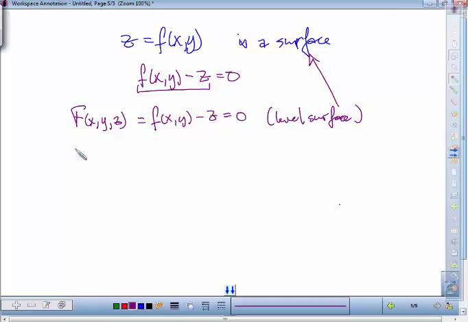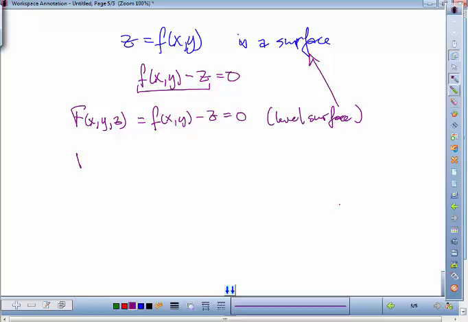Now let's take the gradient. Oh, clever. I should have brought it to the other side. I was going to bring it to the other side. What do you think? All right, I'll leave it like this. Okay, can I switch it around?